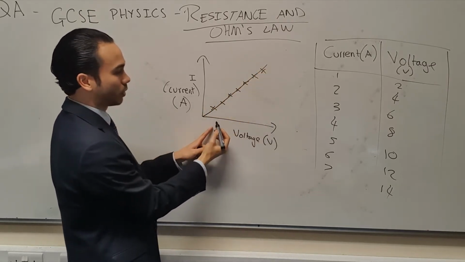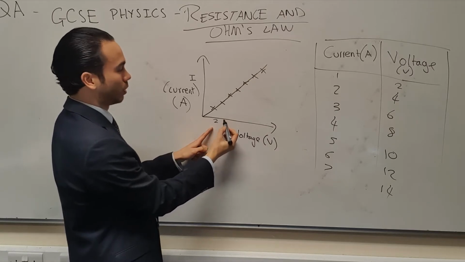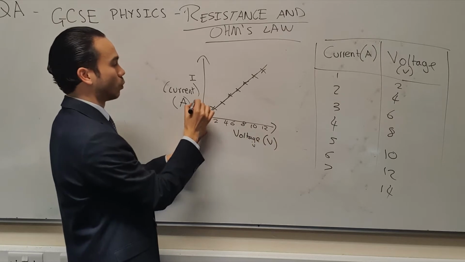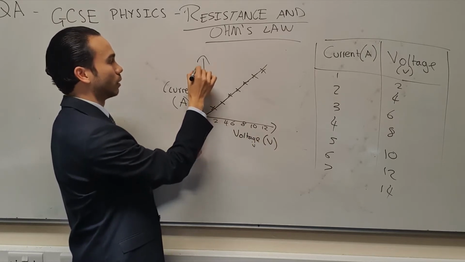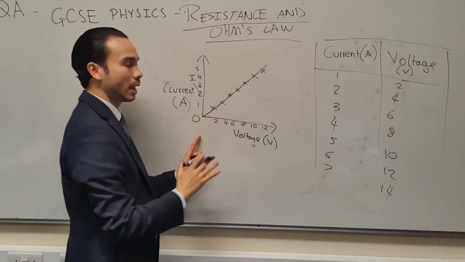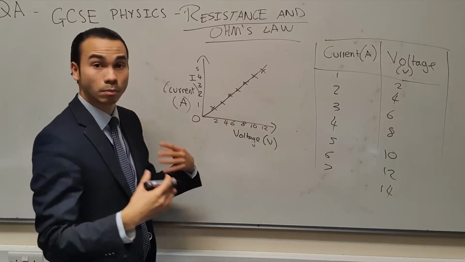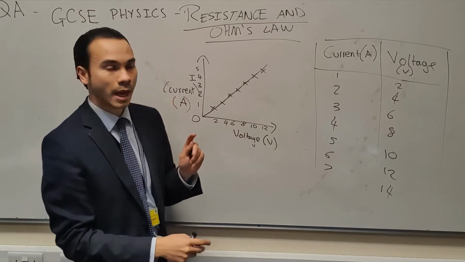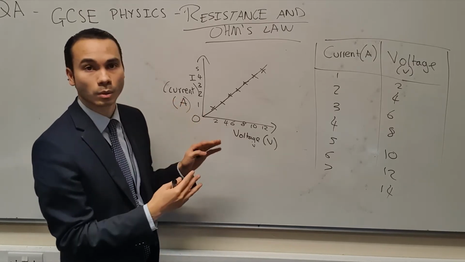My voltage goes up 2, 4, 6, 8, 10, 12, and so on. This is 1, 2, 3, 4, 5, and so on. It goes through the origin. This is said to be a linear, direct, proportional relationship between current and voltage, and this is obeying Ohm's law.